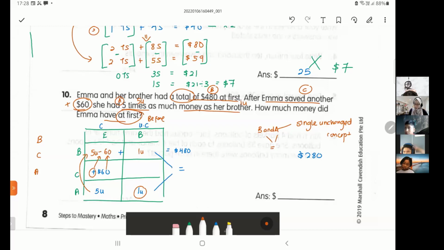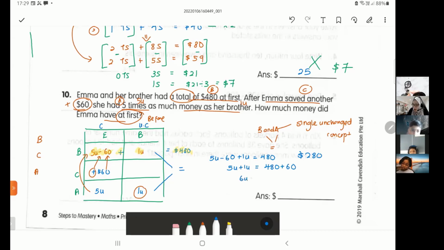Like this. Okay. Now, 5 units minus 60 plus 1 unit is 480. We rewrite it out. 5 units minus 60 plus 1 unit equals 480. Okay, so 5 units plus 1 unit equals 480 plus 60.